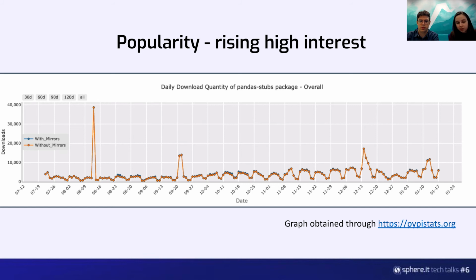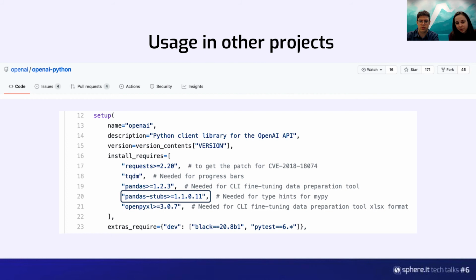Looking at the chart, you can also see a very high peak around 10th September, and wonder what caused such a difference. At least that's what we were wondering about when we saw it. After some small research, we discovered that around this date, one of the biggest Python projects, OpenAI Python, started using our library as one of the dependencies.